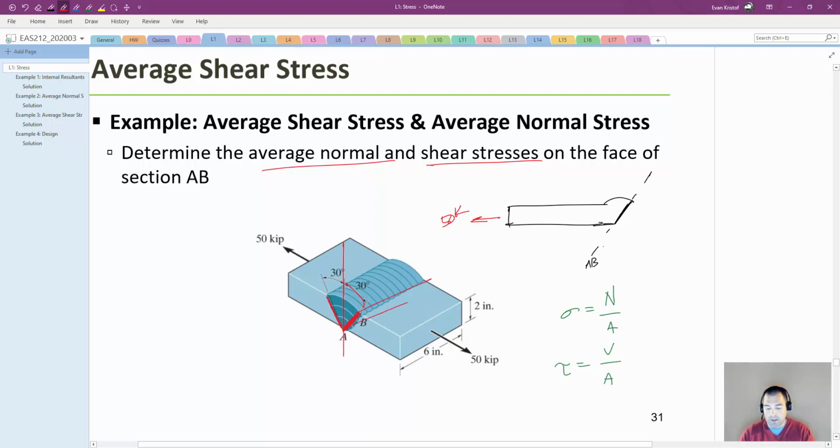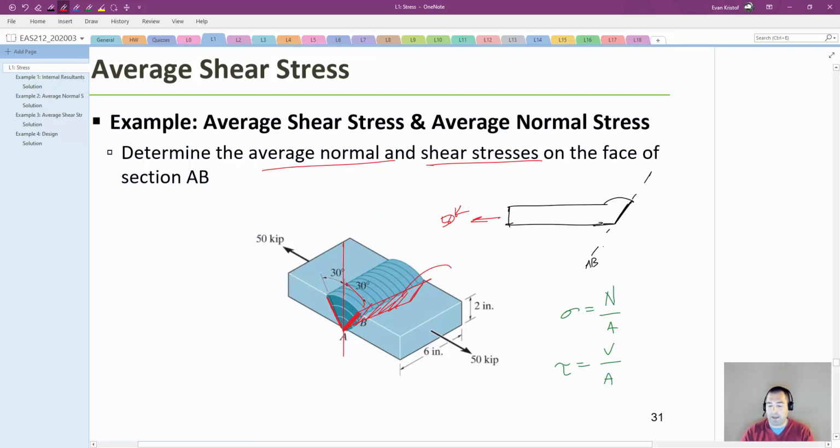A is just going to be the area of that cut, that section AB. It's a little bit tricky. It's not just 2 inches times 6 inches. We've got to use trigonometry to get the modified depth of it. But that's just a little bit of geometry.